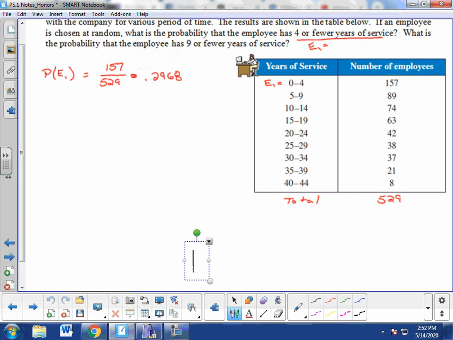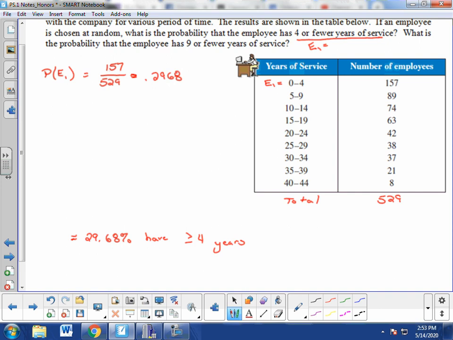I'll write my answer down here below: approximately 29.68% have less than or equal to 4 years of service.